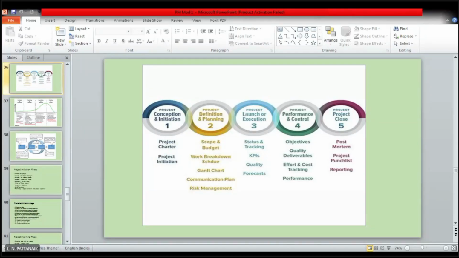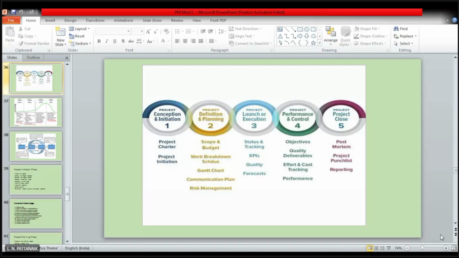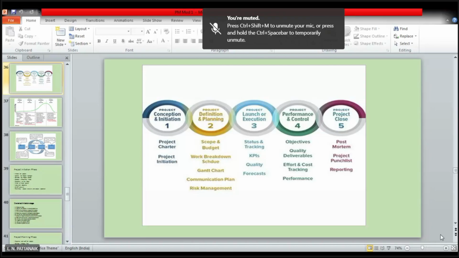It will have some economic consequences. So if it is not a good idea or a good project proposal, better to drop it at the planning stage itself, at the last stage possible.